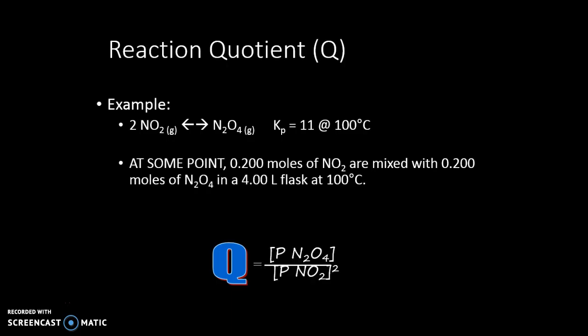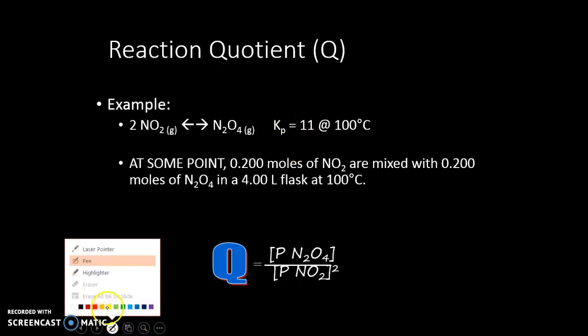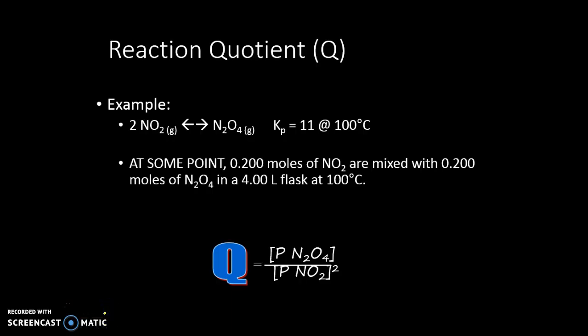Okay, so Q is equal to the pressure of N2O4 over the pressure of NO2 squared. Since we have Kp, pressure has to be considered. How are we going to find pressure? Well, we have all the information that we need, so let's go on to the next slide.